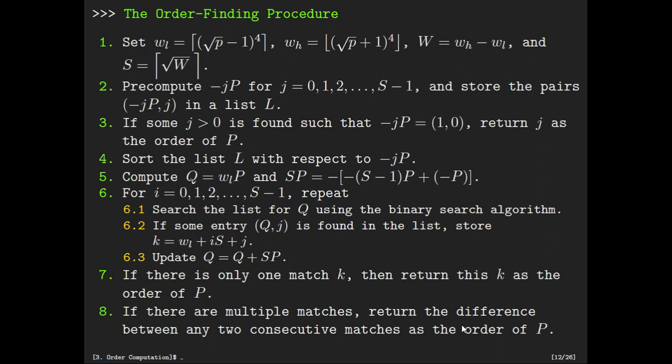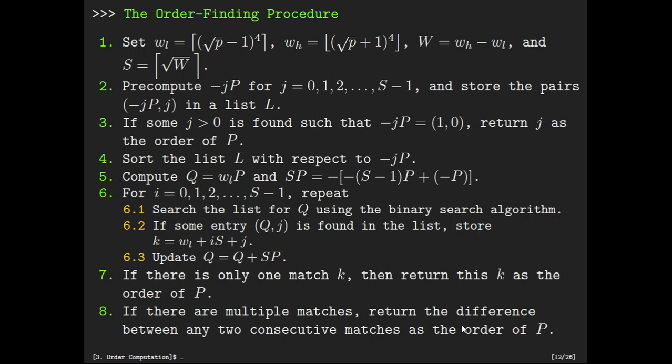Otherwise we sort the list with respect to minus jp. We precompute Q equal to WL times P using the double and add algorithm. SP is clearly an addition. Now run a loop for i equal to 0 up to s minus 1 and repeat. Now search the list for Q using the binary search algorithm.